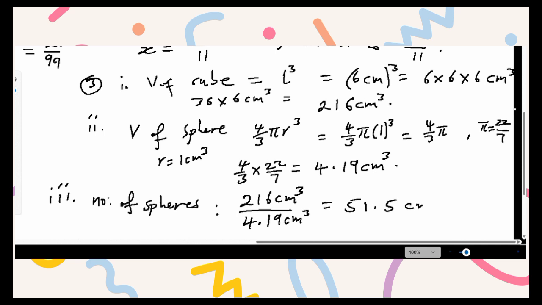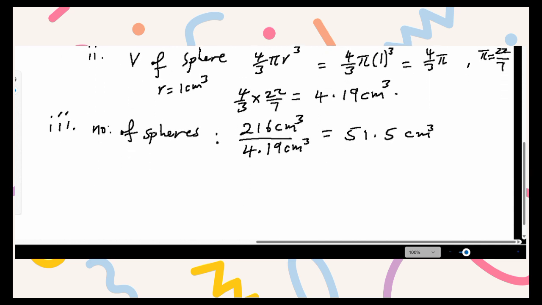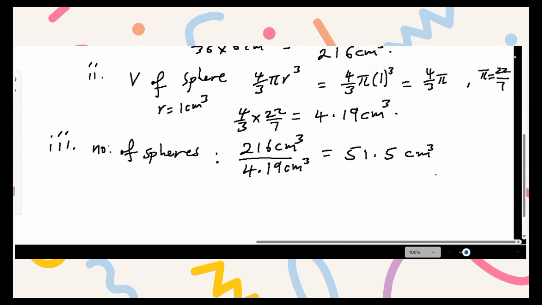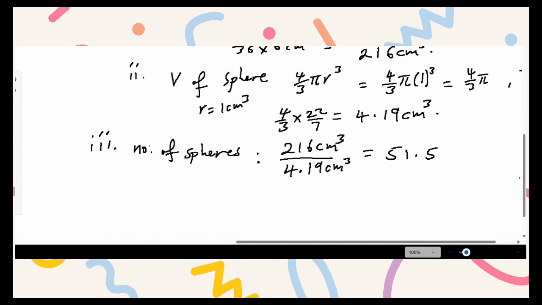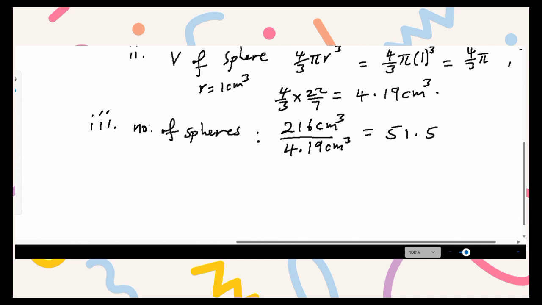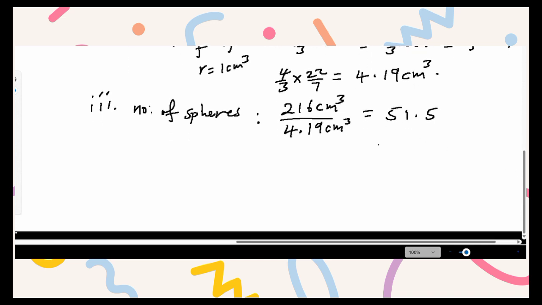and in doing the operation, this is going to give us approximately 51.5. No cube, because here the unit centimeters cubed is going to cancel out, so we're just going to have 51.5. And we are asking for the number, so it is a constant, no unit is attached to it.